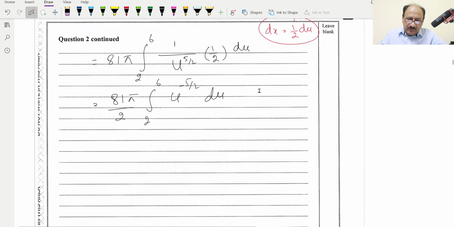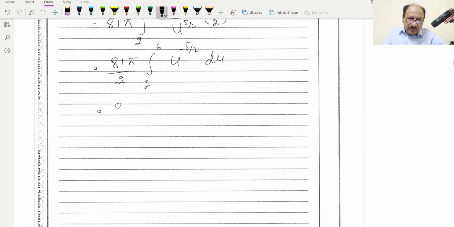Now we can integrate: this will be 81 over 2 pi, and the integral limits we will write, u raised to the power minus 5 by 2 plus 1, over minus 5 by 2 plus 1, and the limits will be 2 to 6.